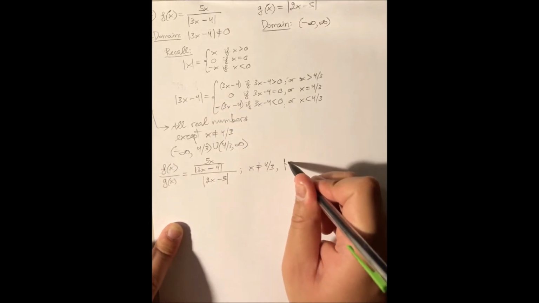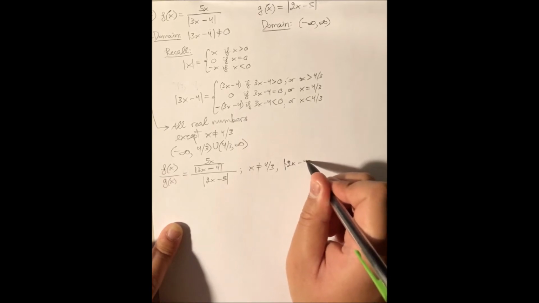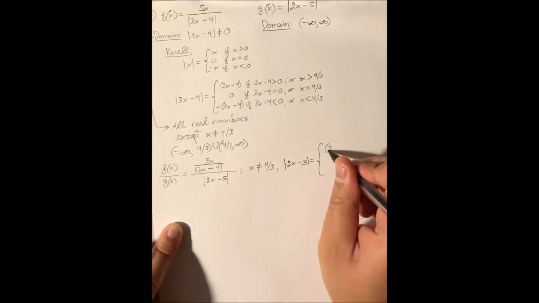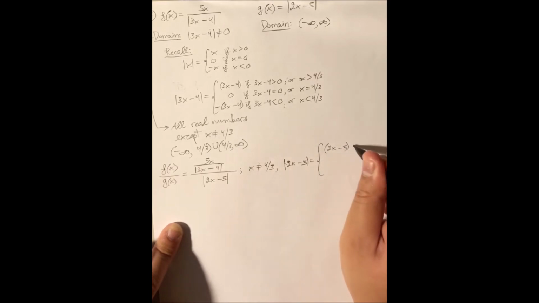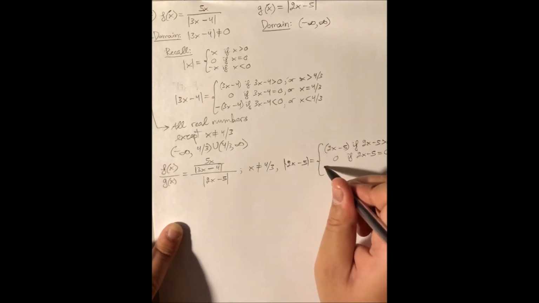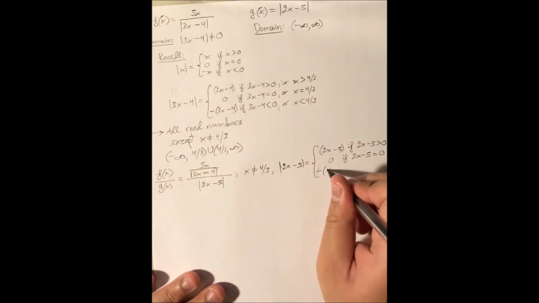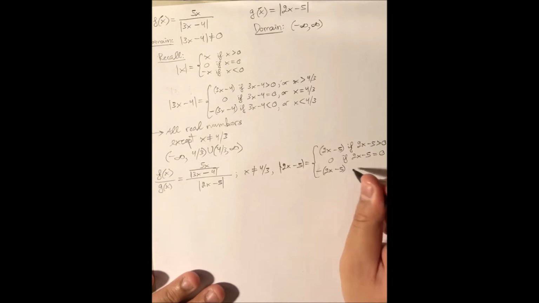So absolute value of 2x minus 5 is equal to positive 2x minus 5 if 2x minus 5 is greater than 0, 0 if 2x minus 5 is equal to 0, and negative 2x minus 5 if 2x minus 5 is less than 0.